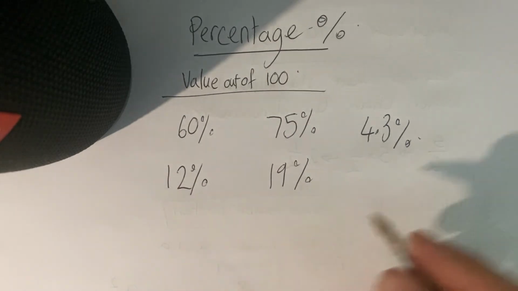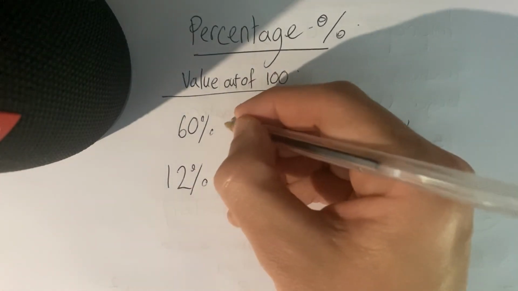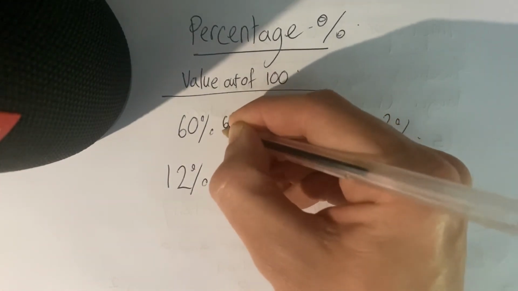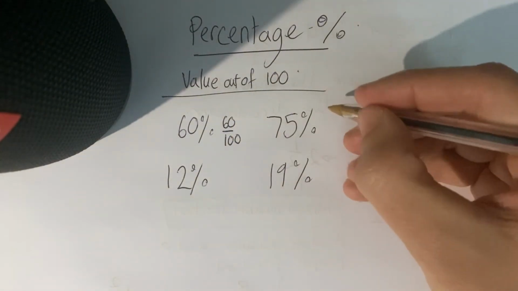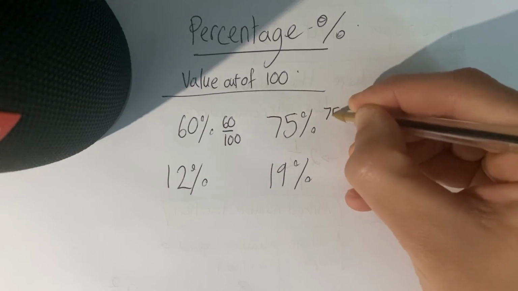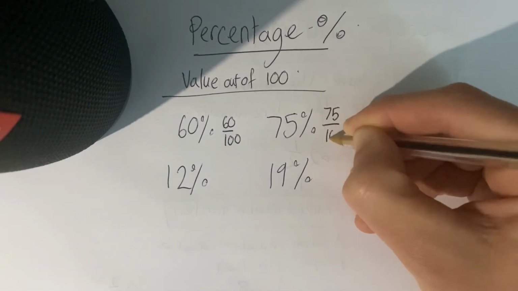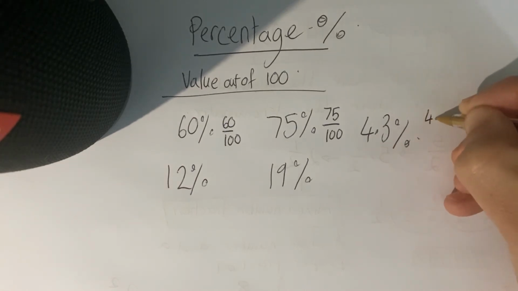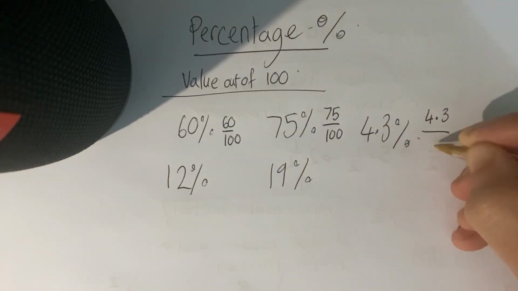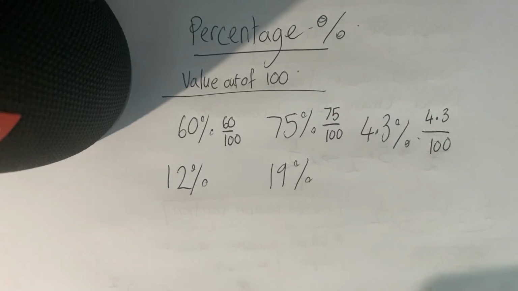So 60% actually means 60 out of 100, 75% means 75 out of 100, 4.3% would mean 4.3 out of 100.